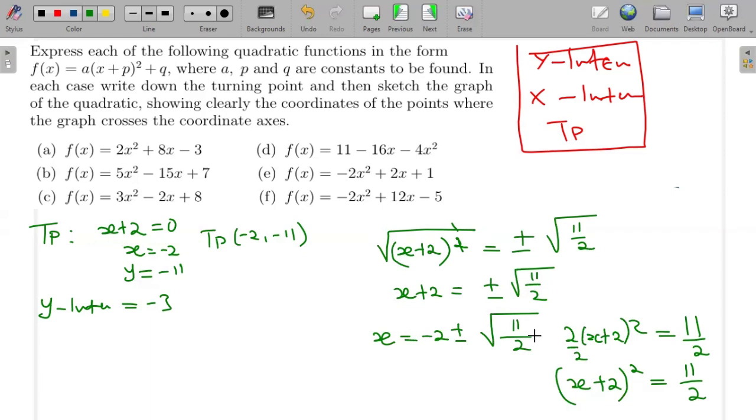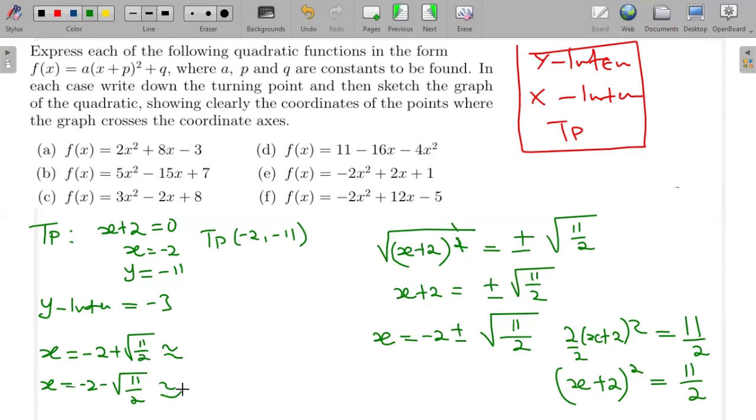Okay, so from what I have there, I can get my x-intercept. So the first one will go with the plus. So it will be x is equal to minus 2 plus the root of 11 over 2. The other one will be x is equal to minus 2 minus the root of 11 over what? 2. Okay, so now we have to find an approximate value for these x values. So the first one, we have a minus 2 and then plus the root of 11 over 2.